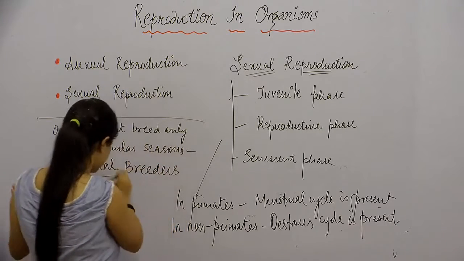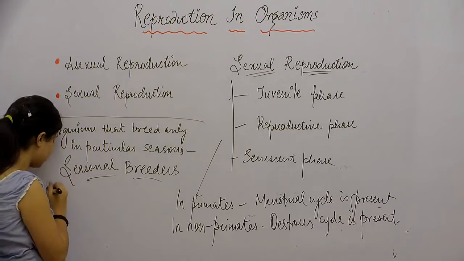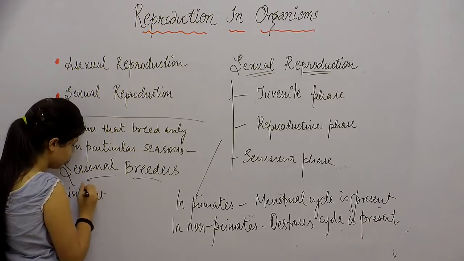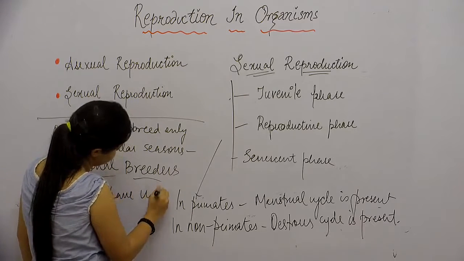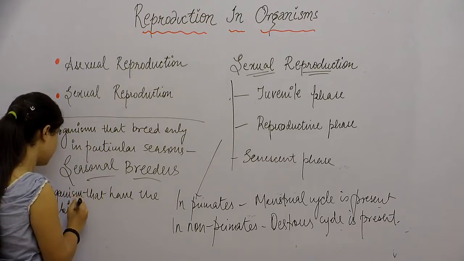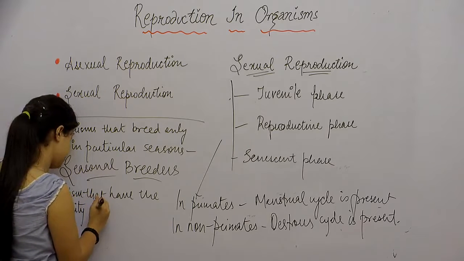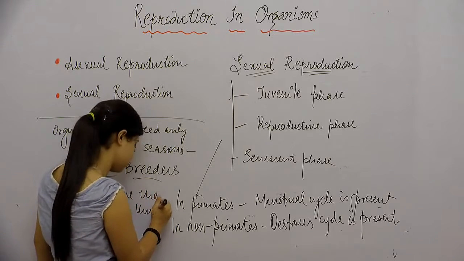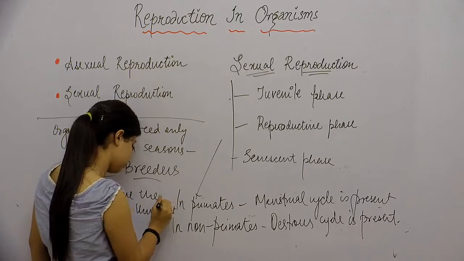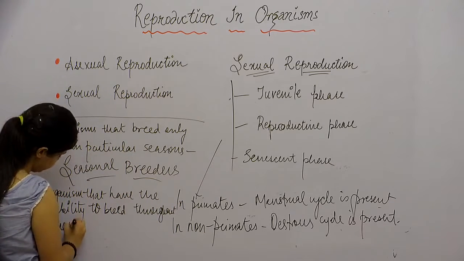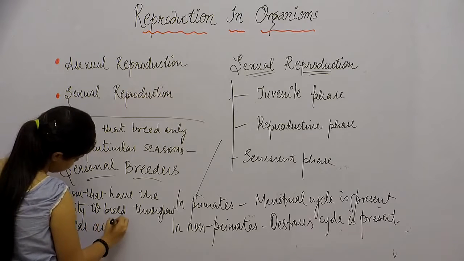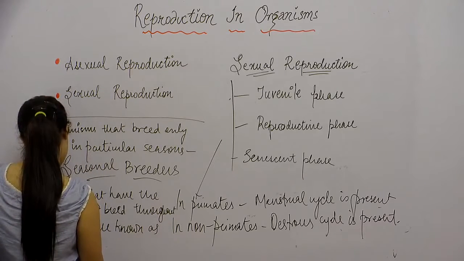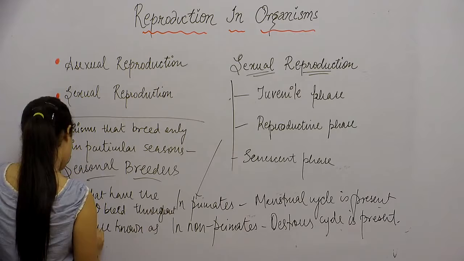So yeah, these organisms are known as seasonal breeders, whereas the organisms that have the ability to breed throughout the year are known as continuous breeders.